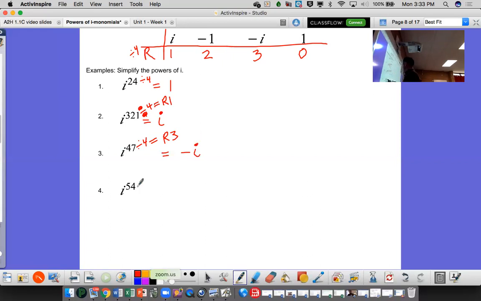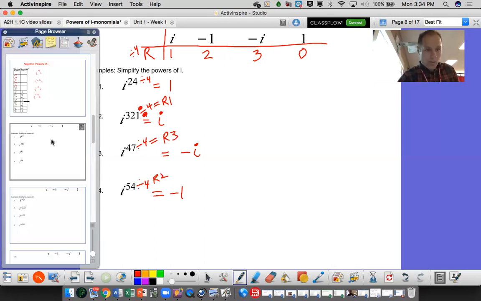Okay? 54, if I divide that by 4, I get a remainder of 2. So I know that I'm going to have a -1 for the answer to this. And again, all we're doing is taking the exponent, dividing by 4, and finding the remainder. Not the answer, but the remainder. That's going to tell us where we are in this sequence of i, -1, -i, 1.